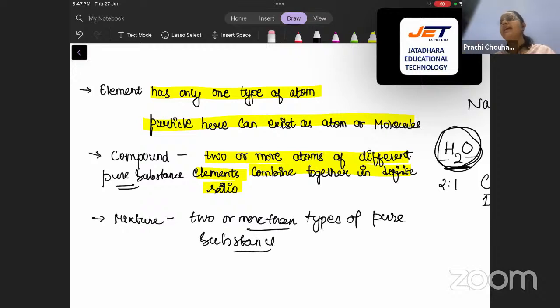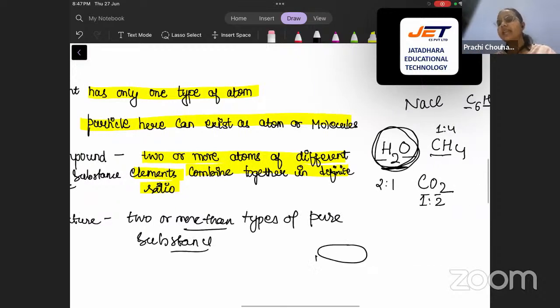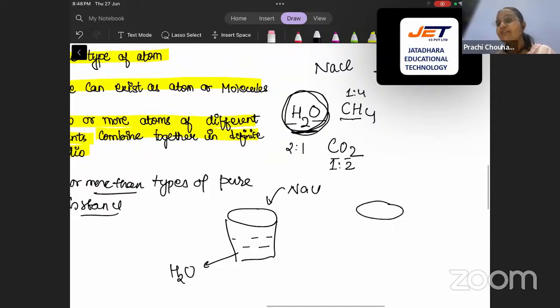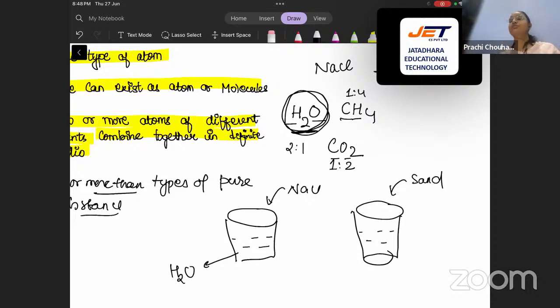For example, suppose I take a glass of water and I put NaCl into it. So here I have water and I put NaCl into it. In that case, I'll have a mixture. In a similar fashion, if I take a glass of water and I put sand into it, this is also a mixture.